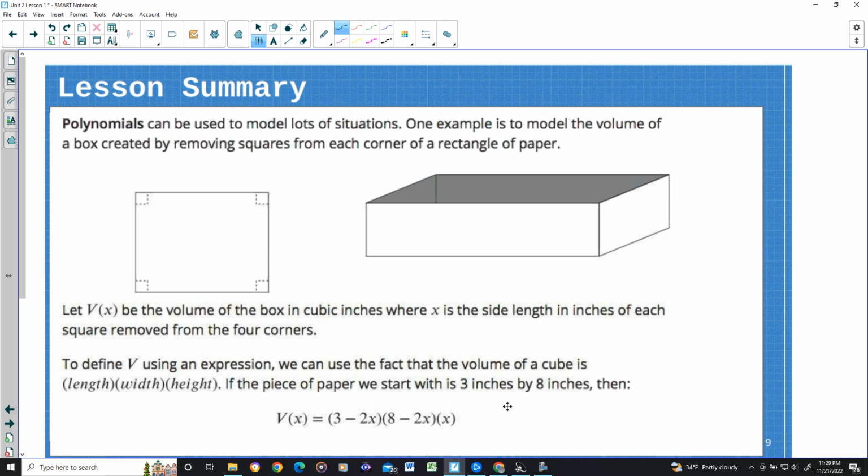So that becomes a common value for this. Anytime that you want to use a different size paper to make a box, you just replace the 3 and the 8 with whatever numbers you want, but everything else would stay the same. This is one example of a polynomial.